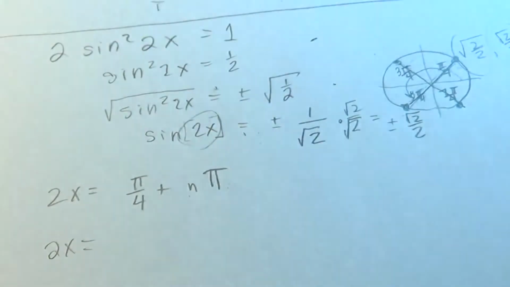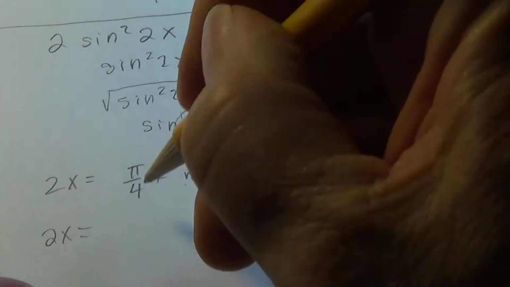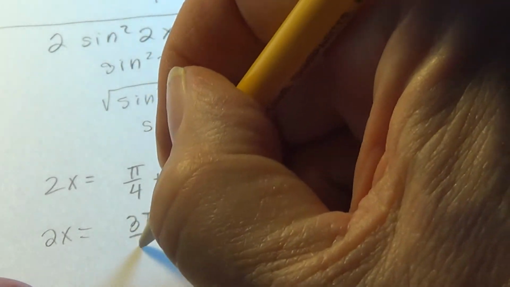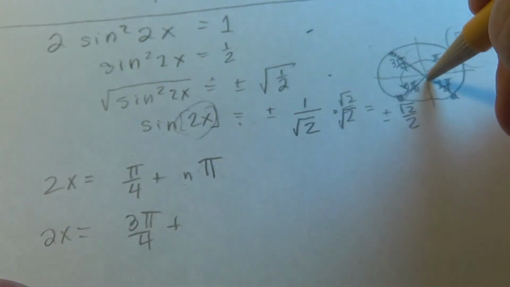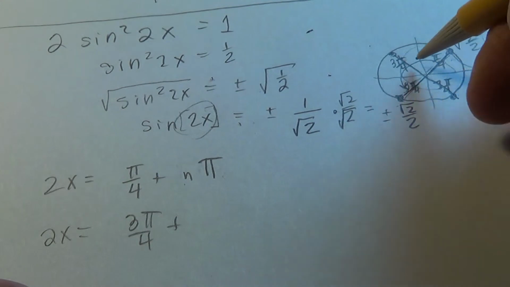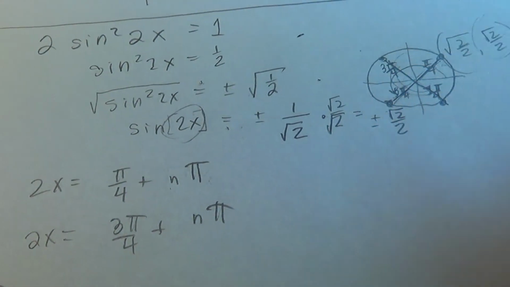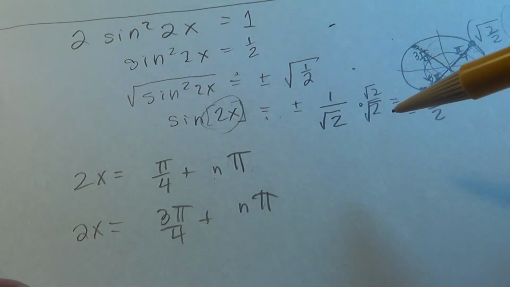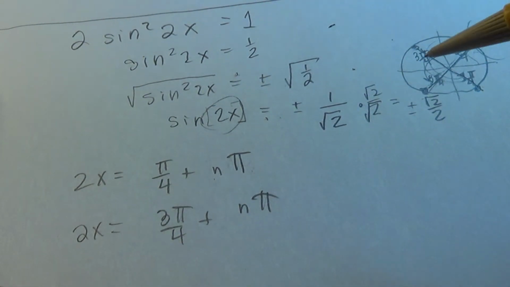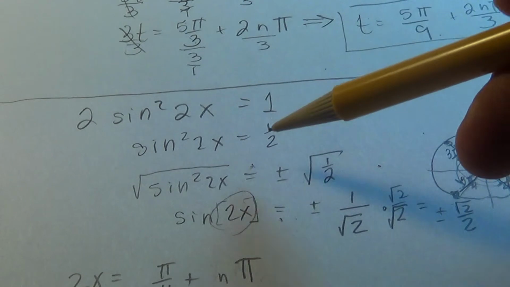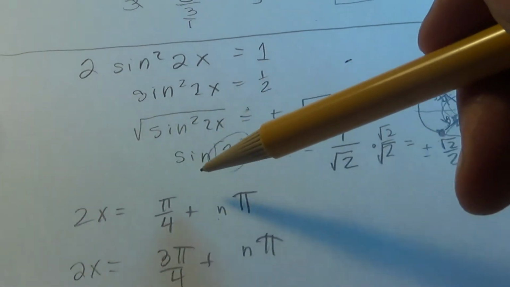Alright, and then another answer is 3 pi over 4 plus n pi, because you can see this one is 180 degrees or pi radians away from the other, so that will consolidate those answers.